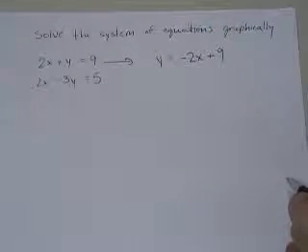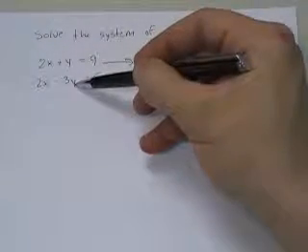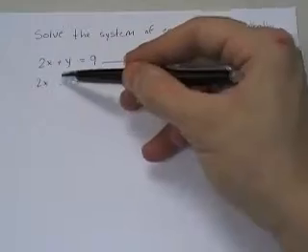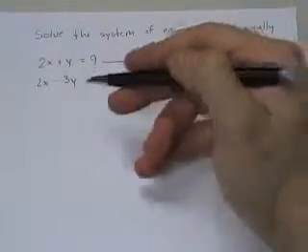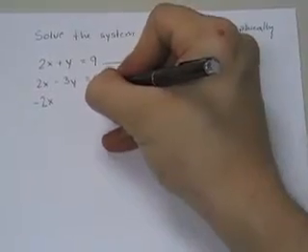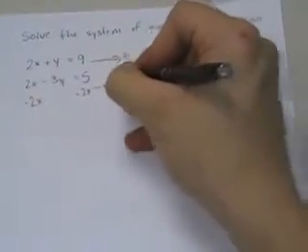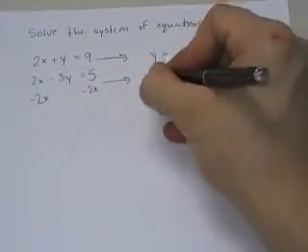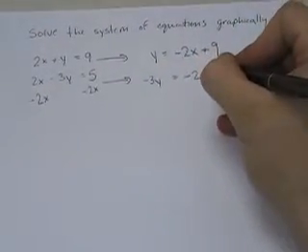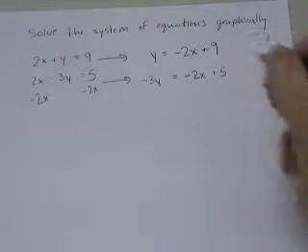The second equation, we're going to have to also get y by itself, put it in slope-intercept form. We have 2x minus 3y equals 5. So the first thing I'm going to do is subtract 2x from both sides. This is going to give me negative 3y equals negative 2x plus 5.